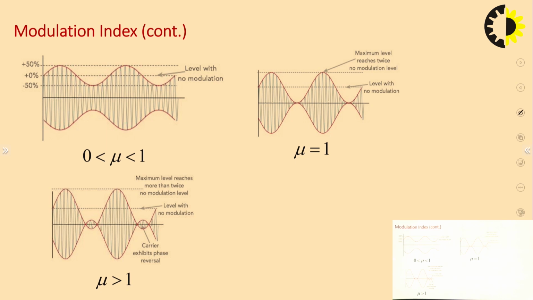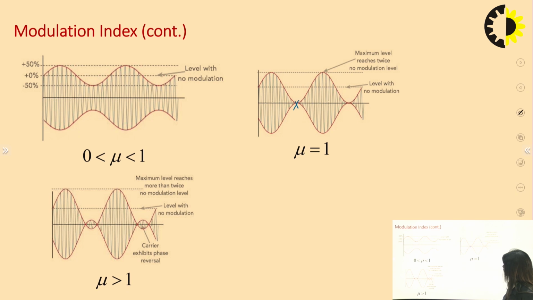Now there are three cases for the value of modulation index, which we can see in this diagram: mu less than 1, mu greater than 1, and mu equal to 1. If AC is greater than AM, then mu is less than 1. If mu is equal to 1, the graph will exactly touch the x-axis.